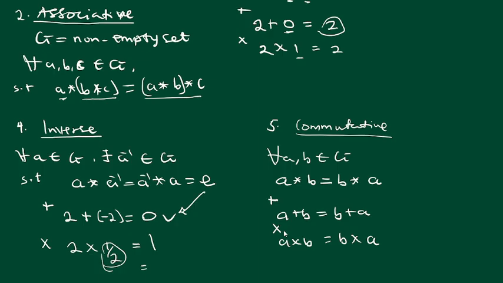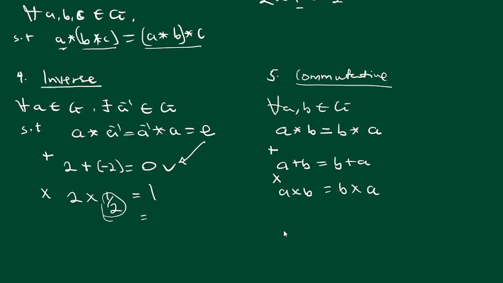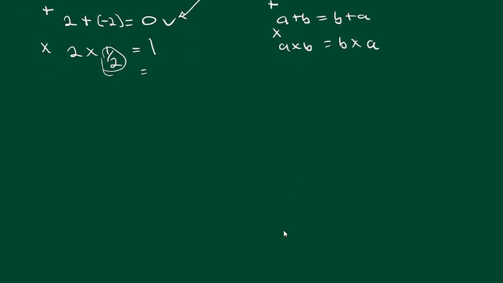Now, let's talk about something here. When a binary system obeys or satisfies only the closure property, it is called a groupoid. Only closure is called a groupoid.